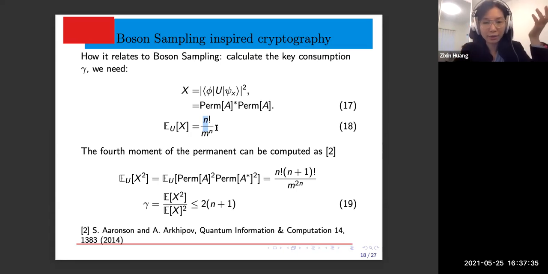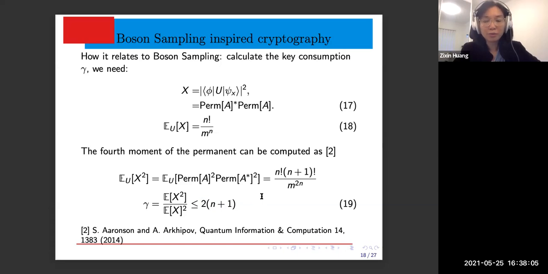This is easy to calculate. The other quantity that we need is the fourth moment, which is the permanent squared. We extract this number from the arXiv paper, because it was non-trivial to calculate if you're not a computational scientist. When you calculate gamma, it turns out to be bounded by 2 times n plus 1.